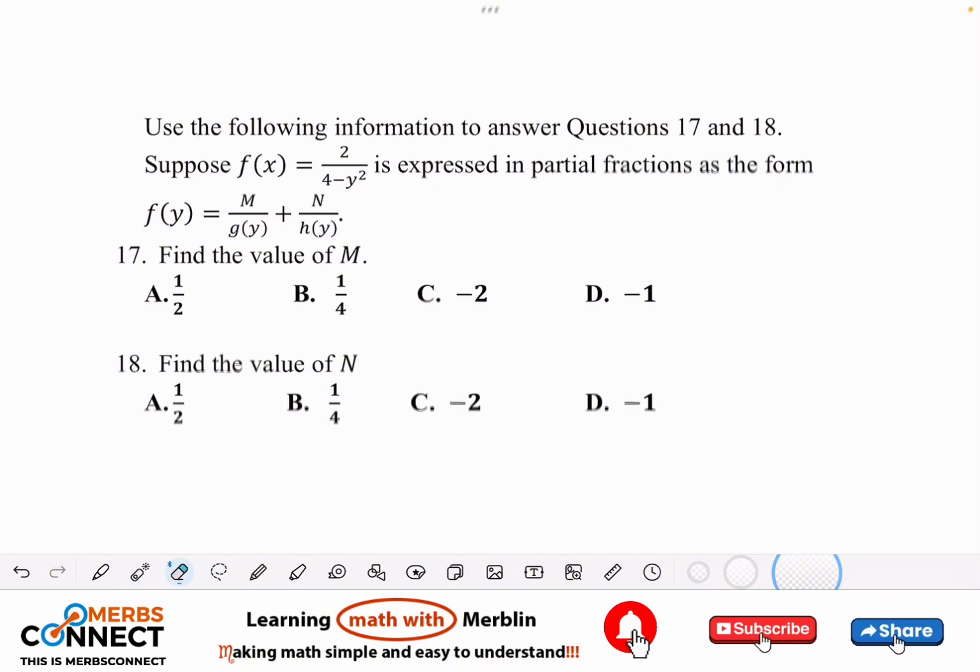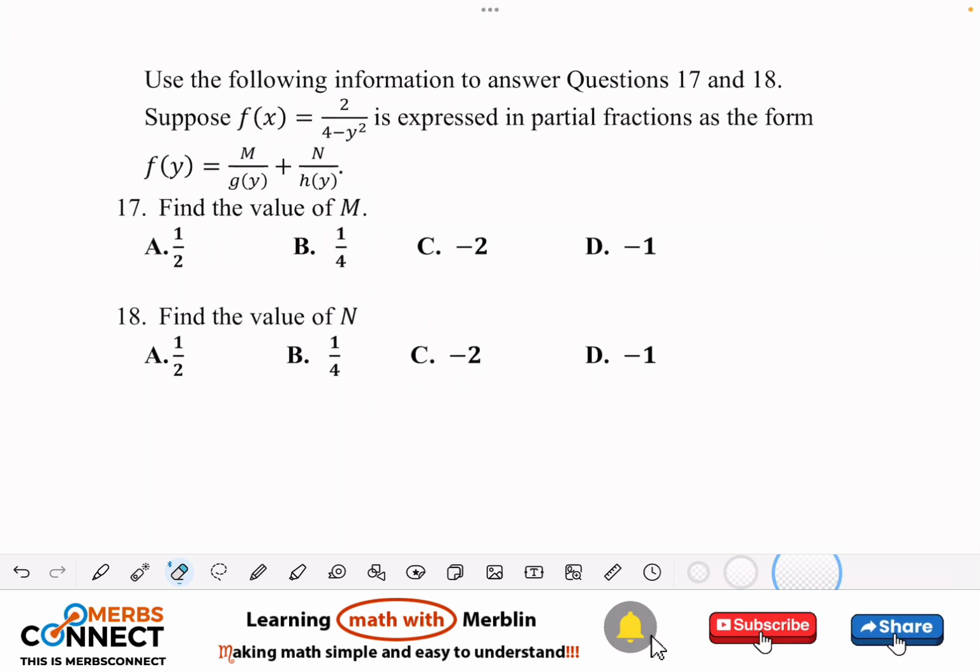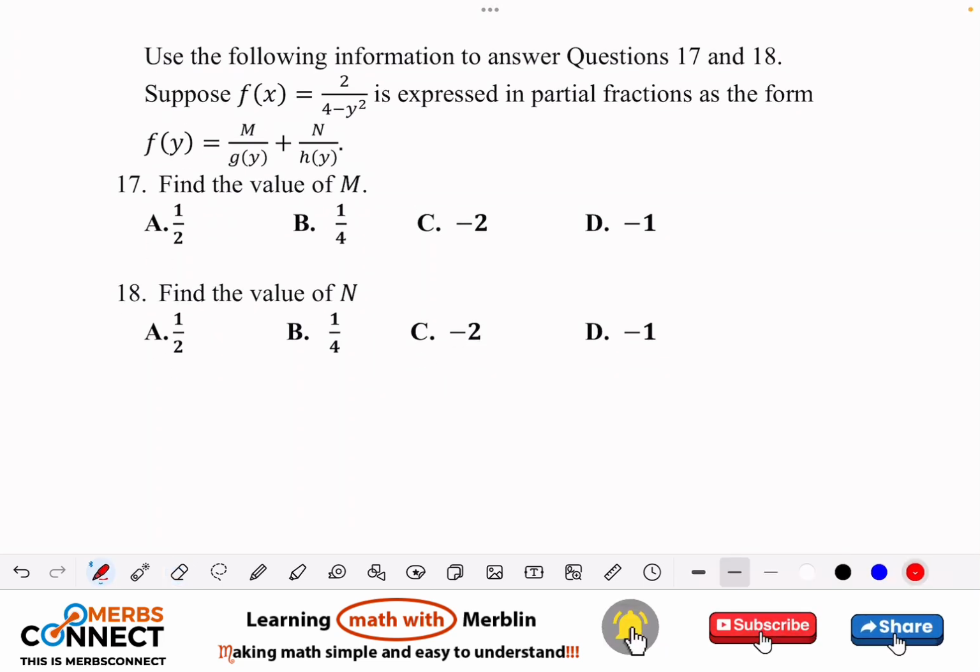17. 17, this is like partial fraction. Right. So this is supposed to be y because the function is in terms of y. So what can we do? Let's go through the partial fraction. So f of y is equal to this. So let me write 2 over 4 minus y squared.